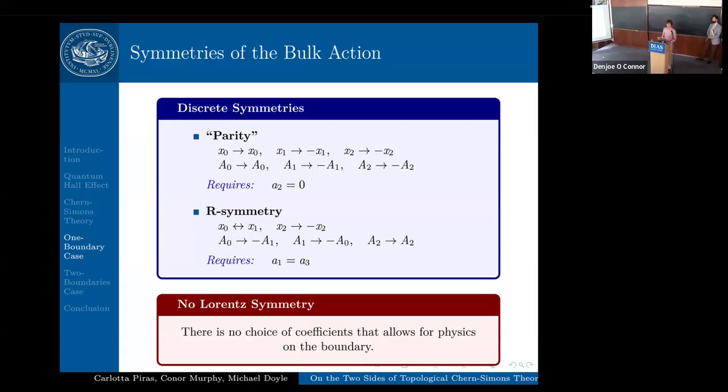And the second symmetry of our bulk action is time reversal. If we enforce this symmetry, we require that our A1 and A3 coefficients are equal to 0. Now, interestingly enough, if we enforce Lorentz symmetry, we do not have any choice of coefficients in our boundary action that allows for any physics on the boundary of our theory.